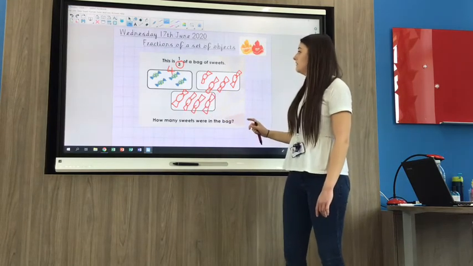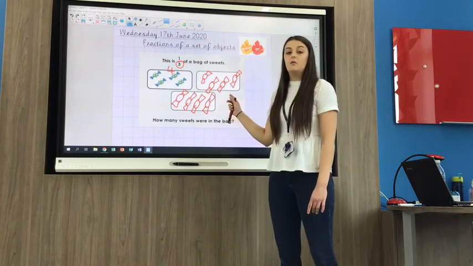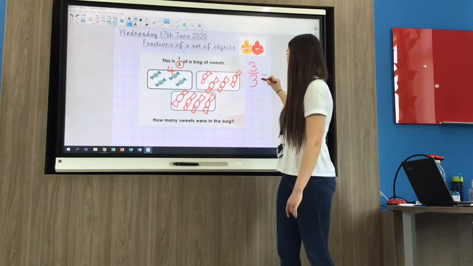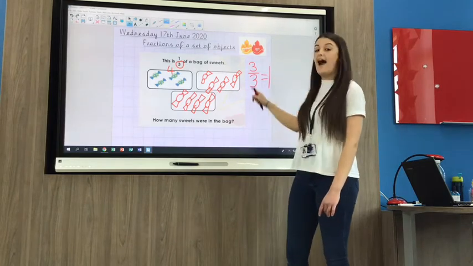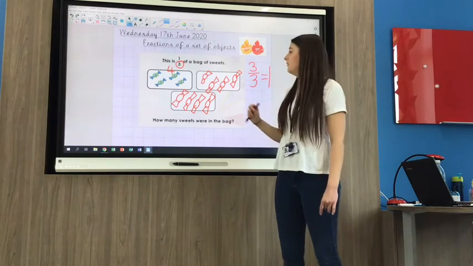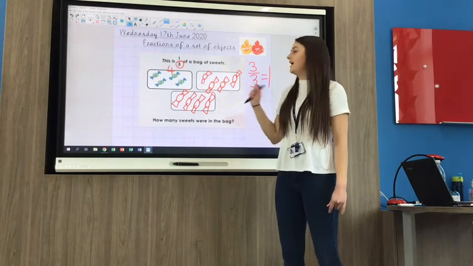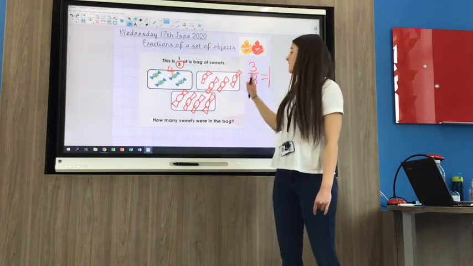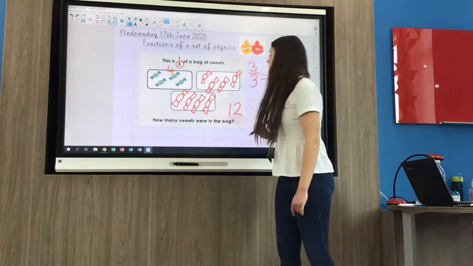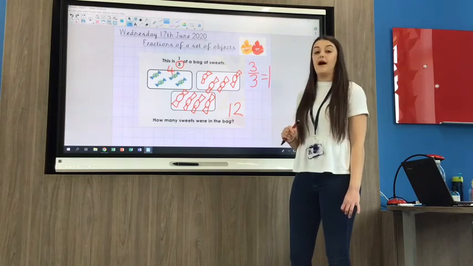So then, all together in the bag, well, we know that will be 3 out of 3, which is 1 whole. That tells me how many sweets are in the bag all together. So we need to count them. Now, I know you know your 4 times table, so count with me. 4, 8, 12. There's 12 sweets all together in the bag, okay?